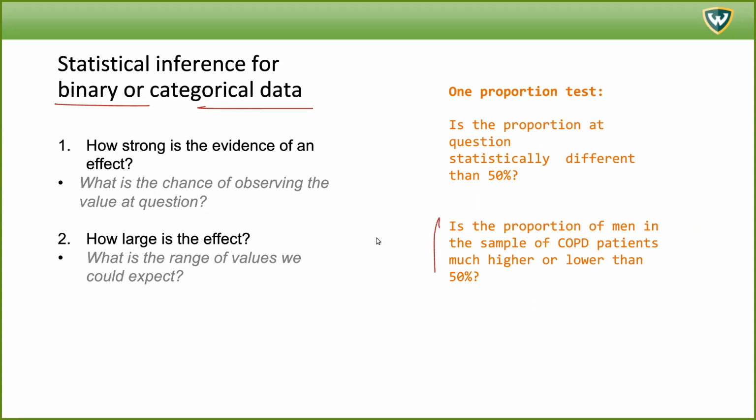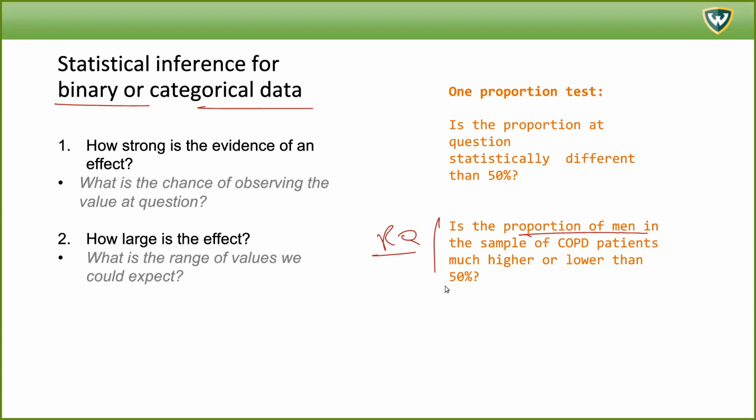So let's think of it in the more specific example that we were working with. Is the proportion of men in the sample of COPD patients much higher or lower than 50%? The proportion of men means men or women, so that's the proportion, in the sample of COPD patients.